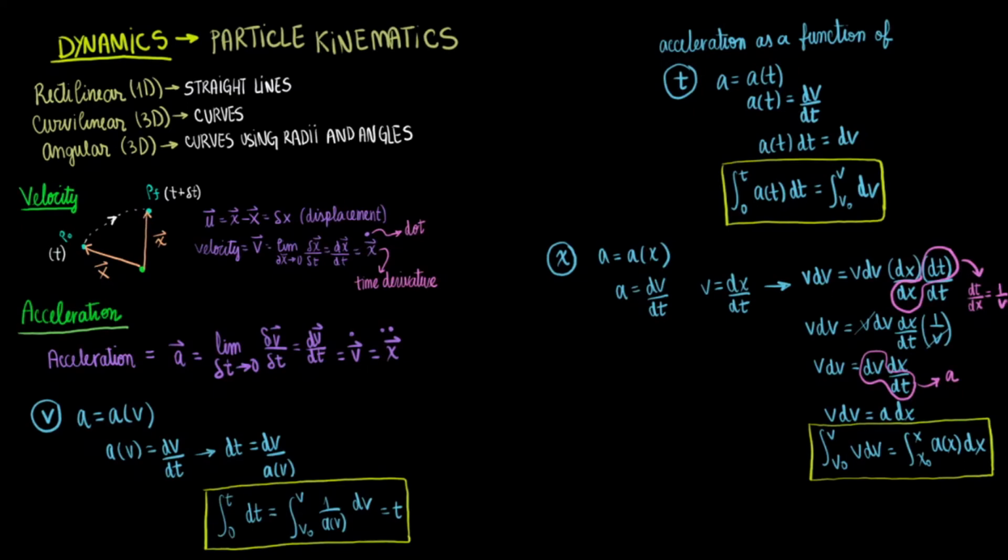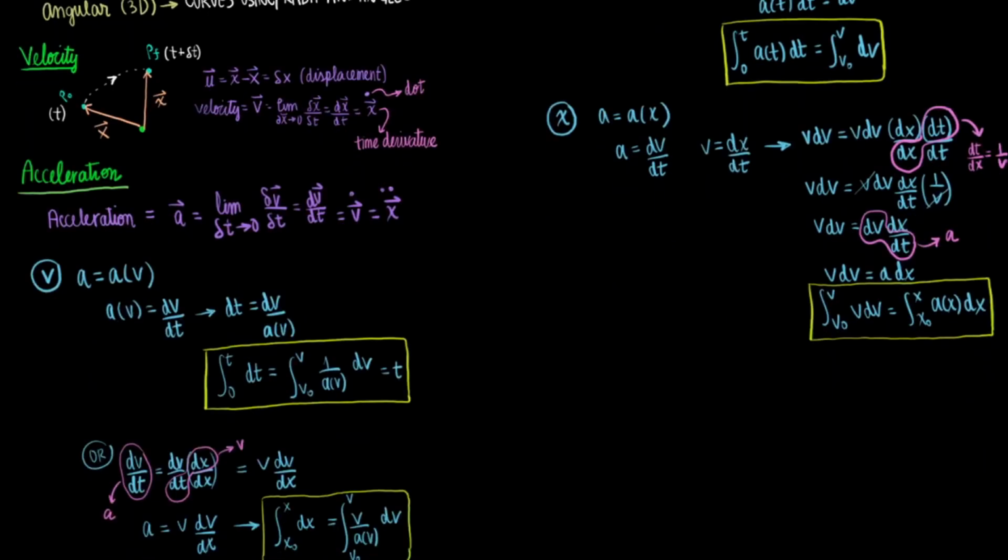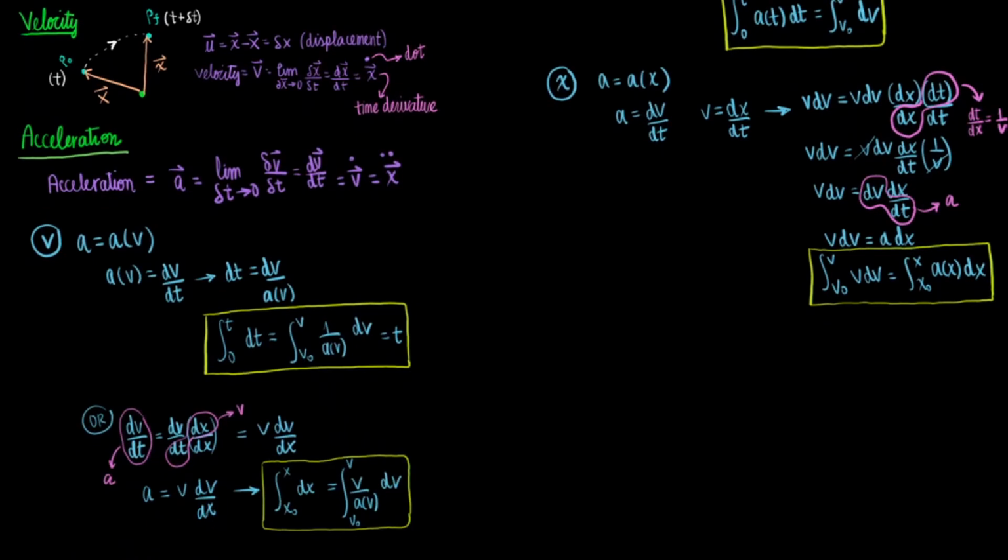Another way is to use a equals dv dt again, but now you multiply the dv dt by dx over dx. We can then begin to simplify the expression. dx dt equals v and dv dt equals a. So we end up with a equal to v times dv dx.